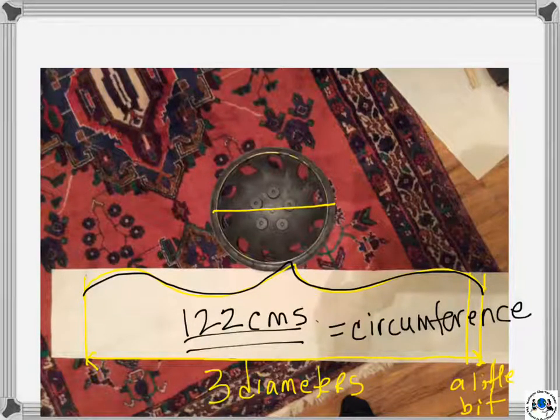Now the diameter, which you can see already drawn there in yellow, this diameter line, I measured it, and I tried to be as precise as I could using centimeters and millimeters, and it was 38.8 centimeters.